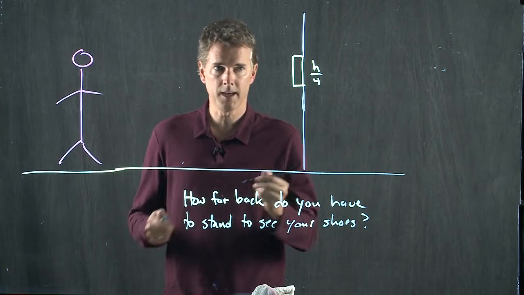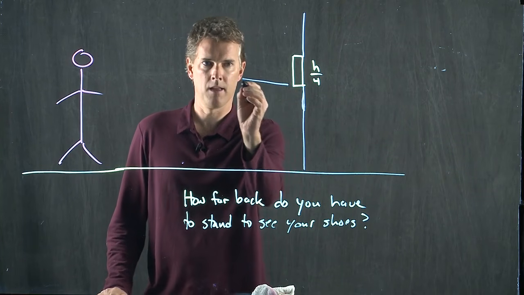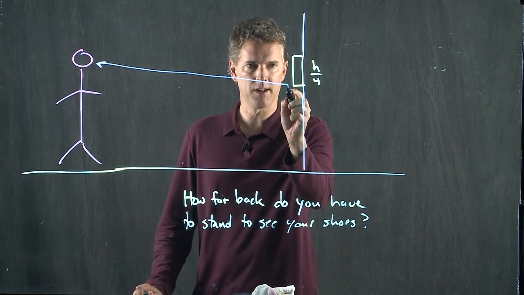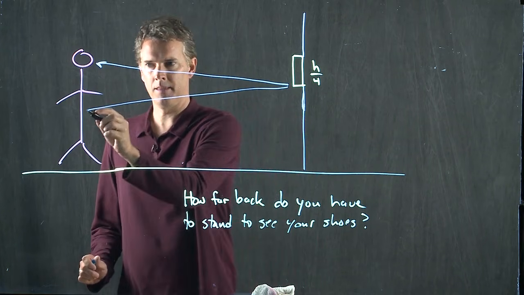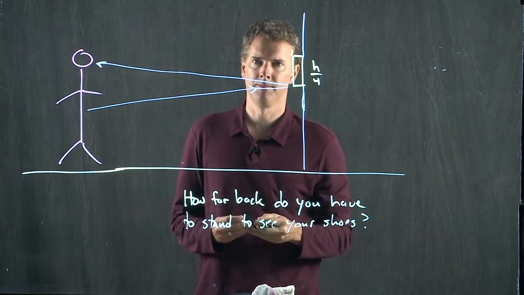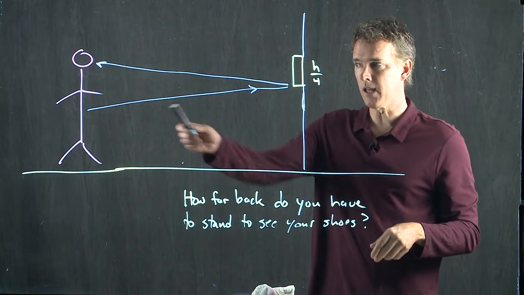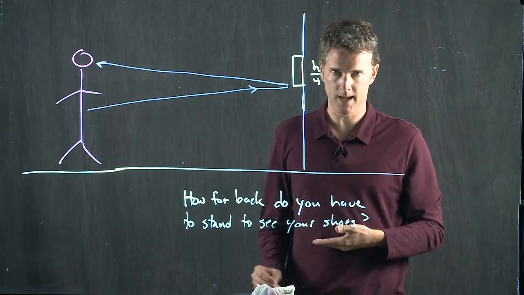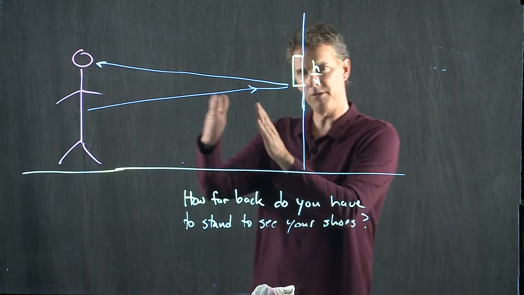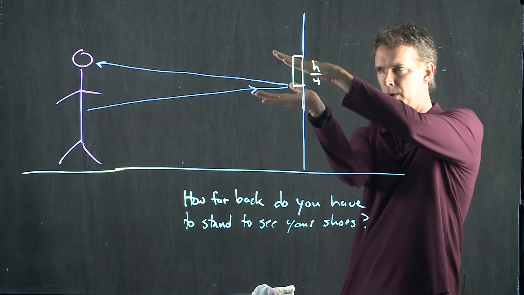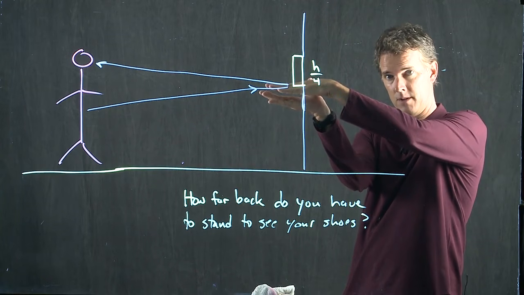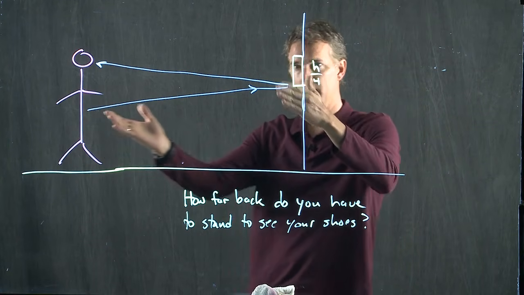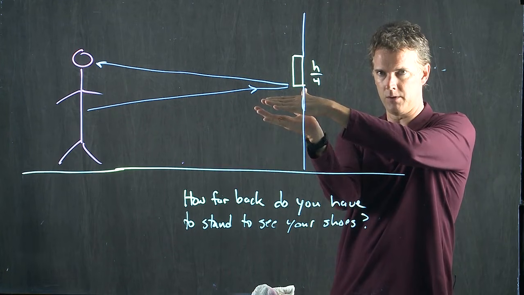The light ray that came to their eye had to come at an exact same angle. Okay. Can they see their shoes? No, they see their belly button again. As the person steps back, those rays start to narrow down. So even though you've increased the distance that the ray is traveling, the angle has also decreased.